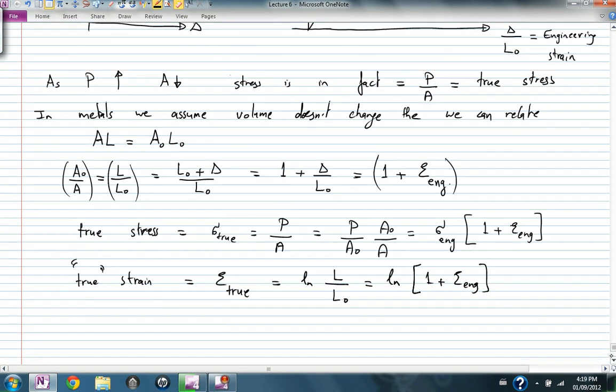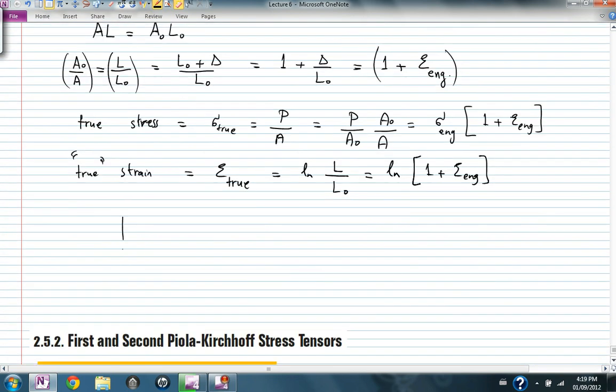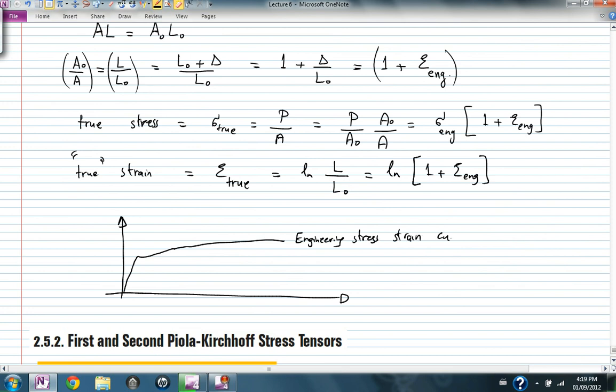And so, given any stress strain curve, knowing the engineering stress strain curve, we can find what is referred to as the true stress strain curve, where this is the stress versus the strain, in a uniaxial state.